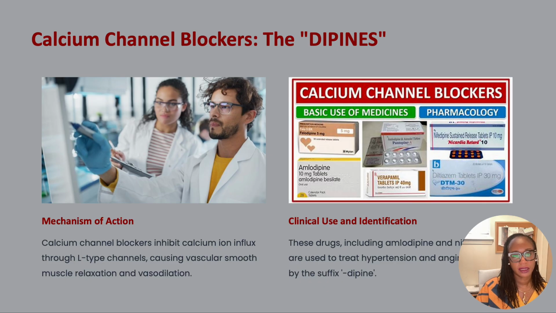A basic example of this medication is amlodipine; verapamil, for example, is also a calcium channel blocker. These drugs are used to treat hypertension and angina, and the suffix, as I mentioned, is dipine.